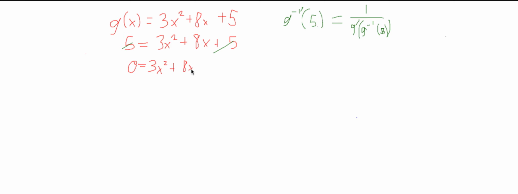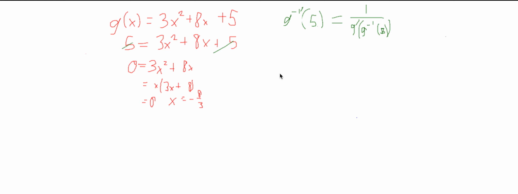And we can factor an x out of this, x times 3x plus 8. And if you notice, x is equal to 0, and of course you got x equals negative 8/3.